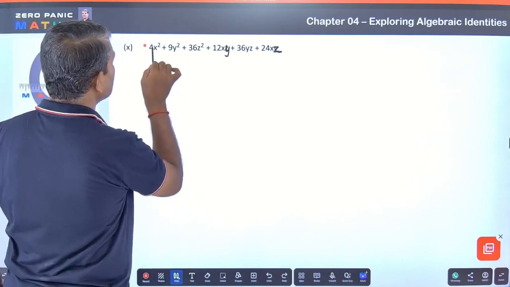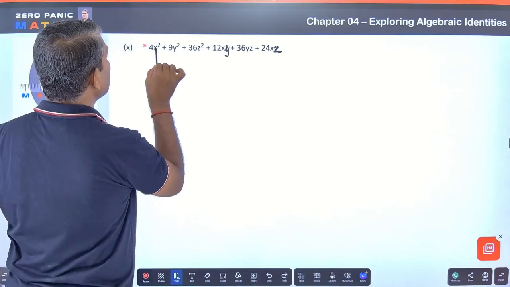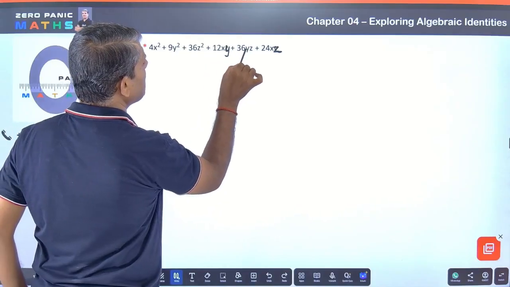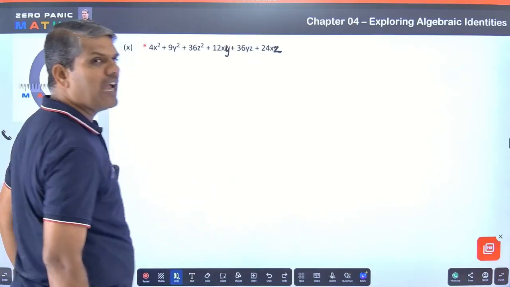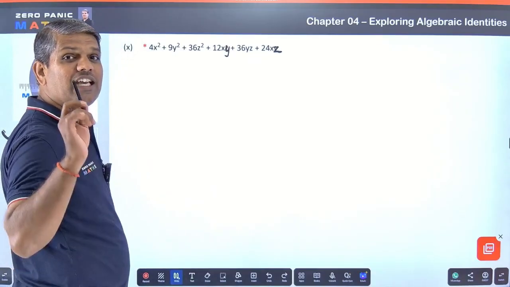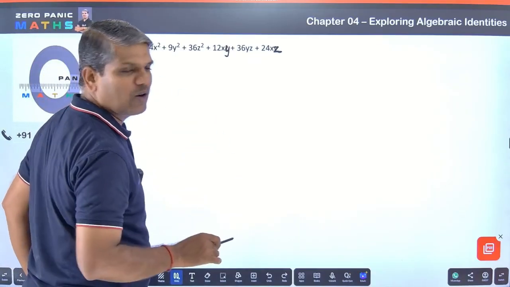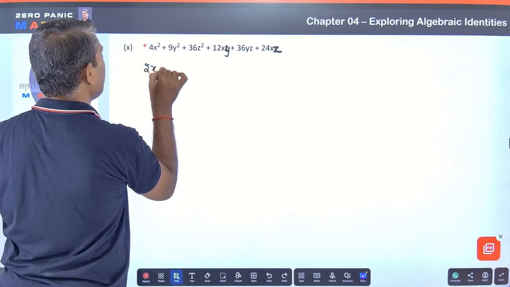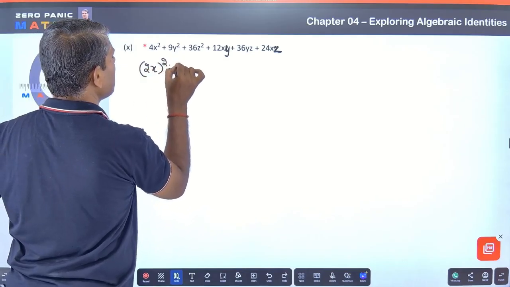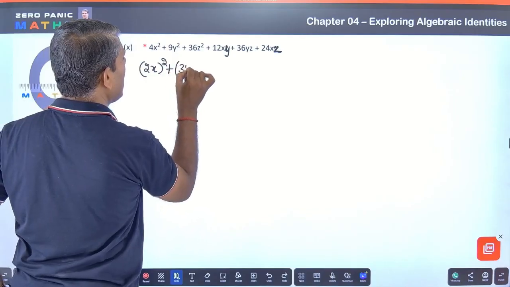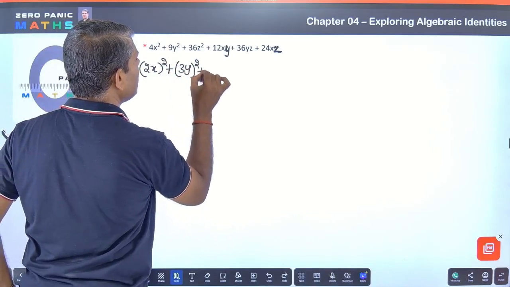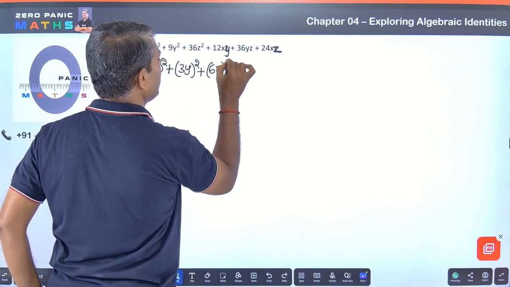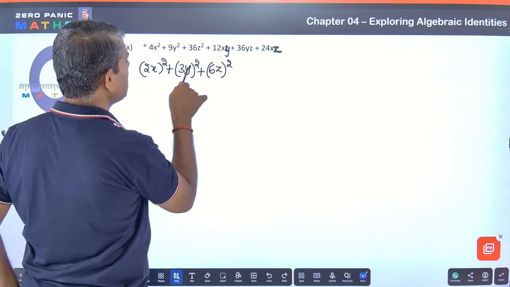Now it will match a square plus b square plus c square plus 2ab plus 2bc plus 2ca, and that identity is a plus b plus c whole square. So let me write this now as 2x whole square, that is a square, plus b square, that is 3y whole square, and c square, that is 36, it is 6z whole square.